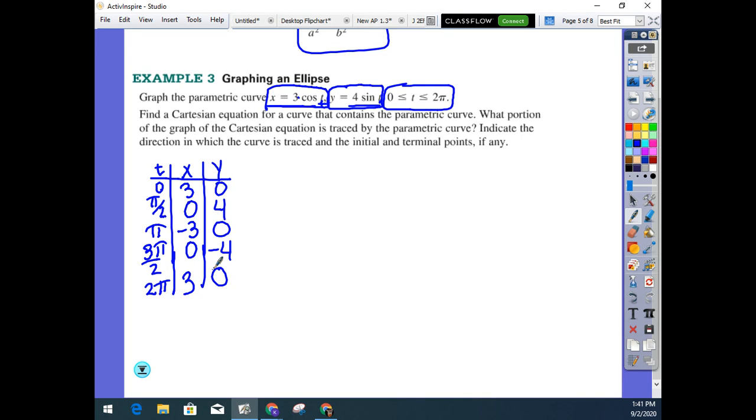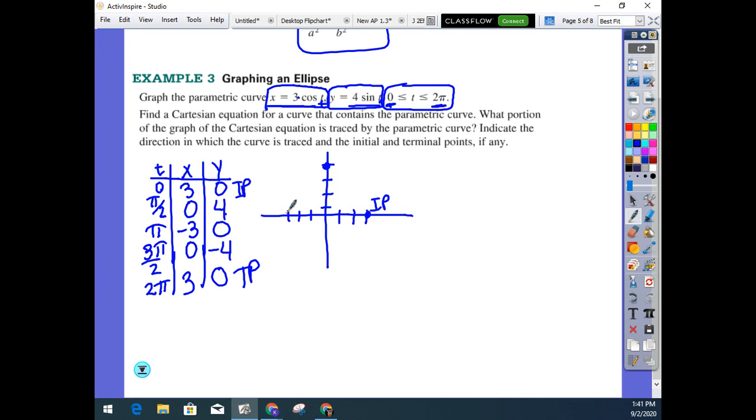All right, let's go ahead and graph. So this is my initial point because this is my beginning of my interval. This is my terminal point because that's the end of it. I can indicate that either on the table or on my graph. 0, 4 is my next point.